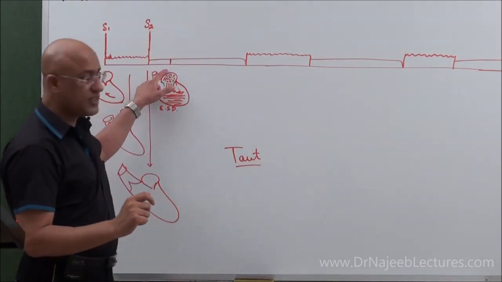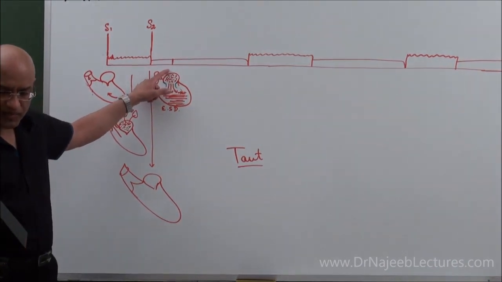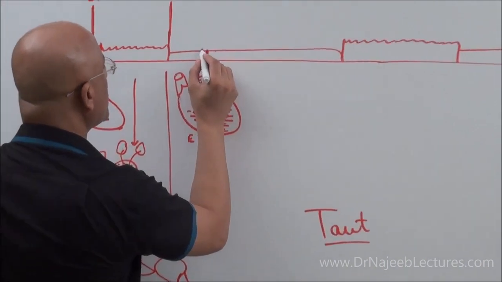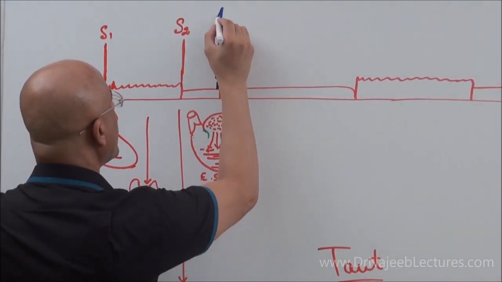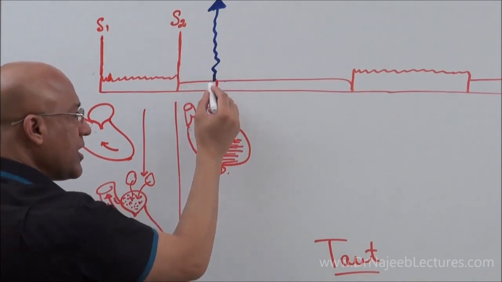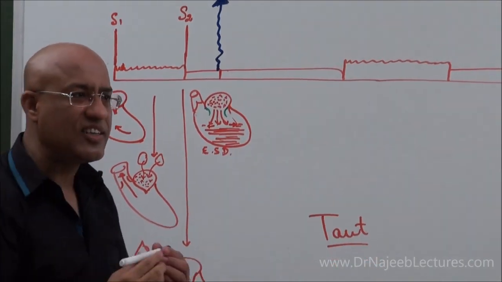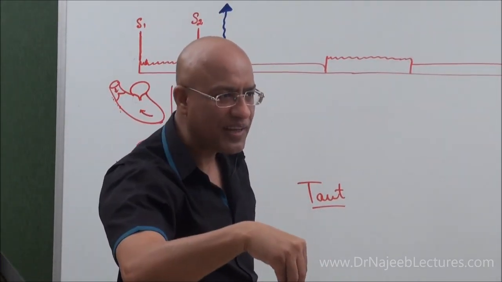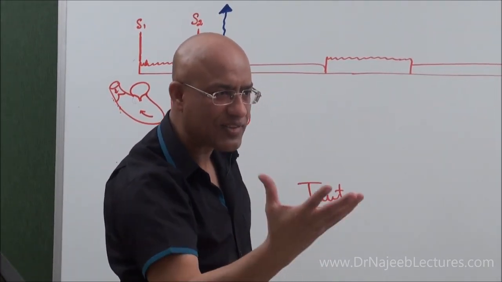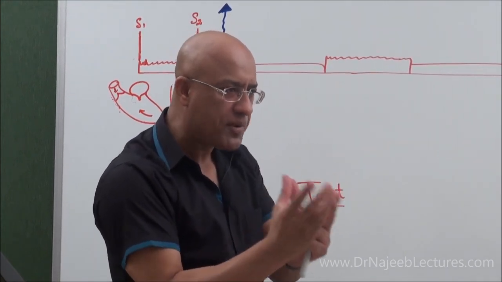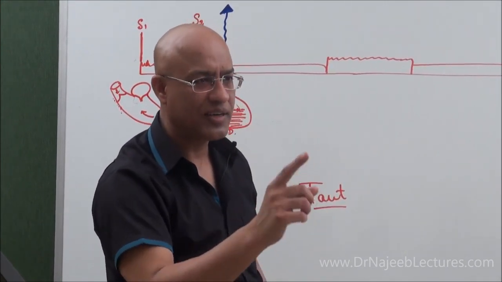As S3 is produced over here, what is the cause of this S3? Rapid ventricular filling in early diastole in the distended taut ventricle, which vibrates and produces the third heart sound.